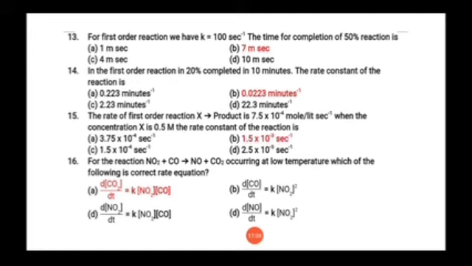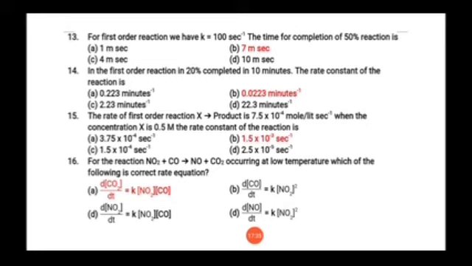Question number 14. In a first order reaction, 20% is completed in 10 minutes, find the rate constant of the reaction. So again, it's the same example. We have to put the equation of first order, that is K is equal to 2.303 upon t log R0 by R. It is given in percentage, so R0 is 100, 20% reaction is completed, so R is 80, what is left.